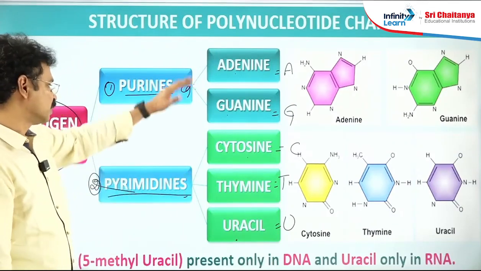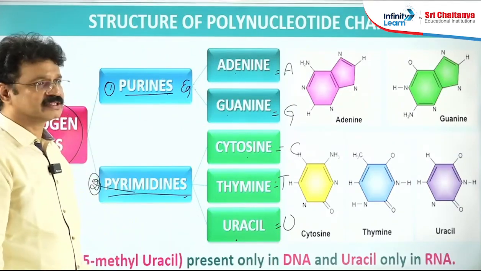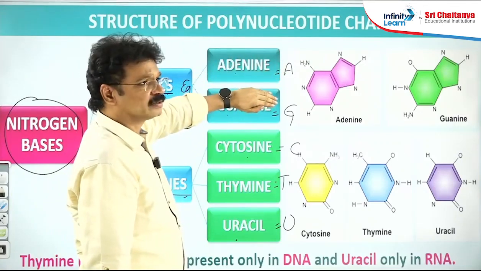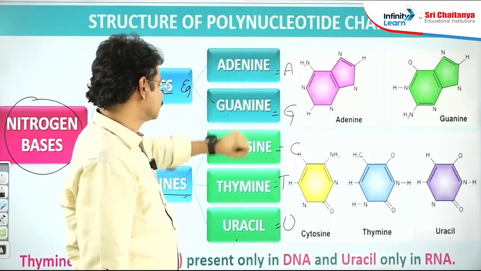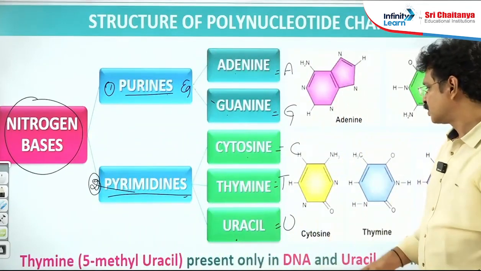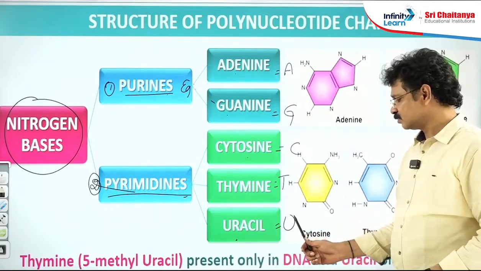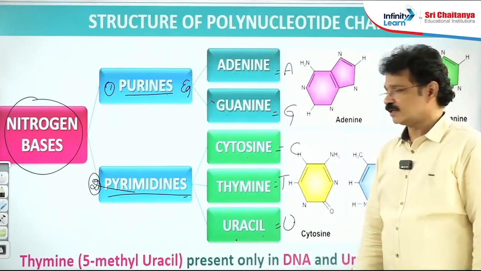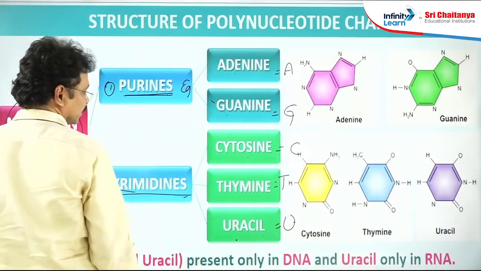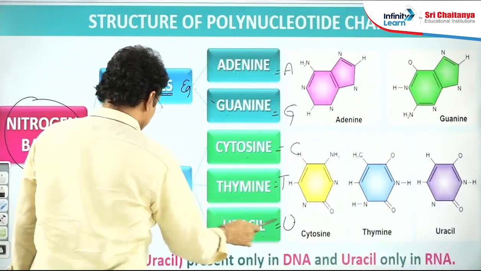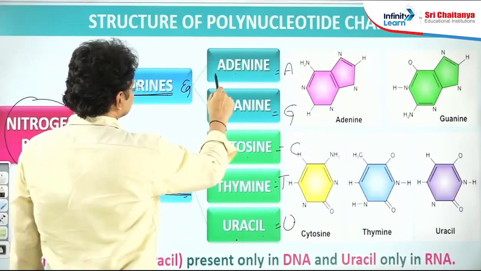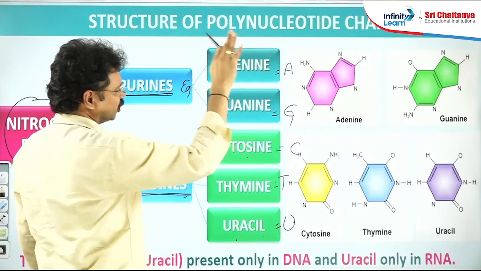Try to remember the names of these 5 types of nitrogen bases. A for adenine, G for guanine, C cytosine, T thymine, U uracil. A, G are examples for purines, C, T, U are examples for pyrimidines. Both the purines, adenine and guanine, are found in all DNA molecules.